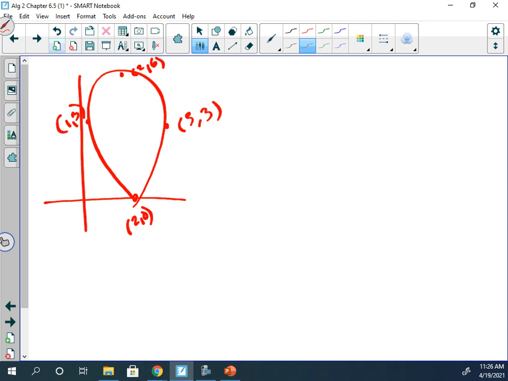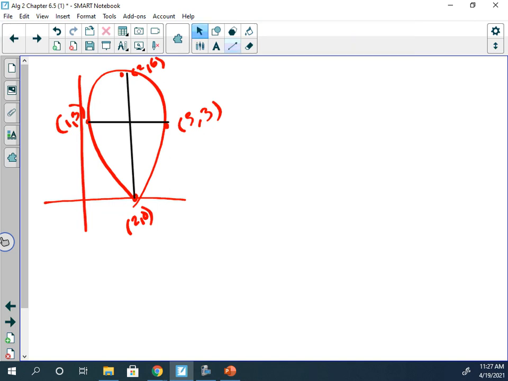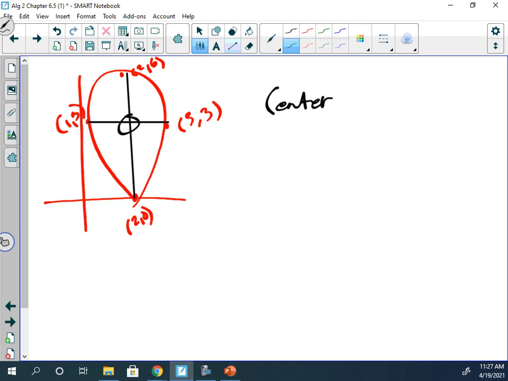Now we know the center, if we drew straight lines from here to here and here to here, if everything worked out accordingly, where these two intersect would be the center. Now it's interesting for this here, well, if we notice the x values for what looks to be the major axis are both 2, yes?